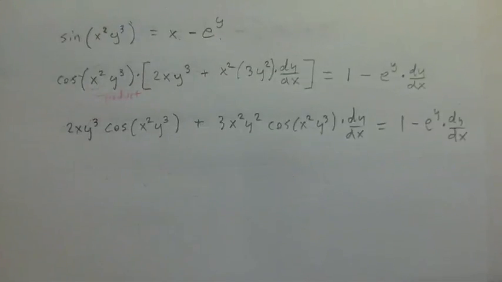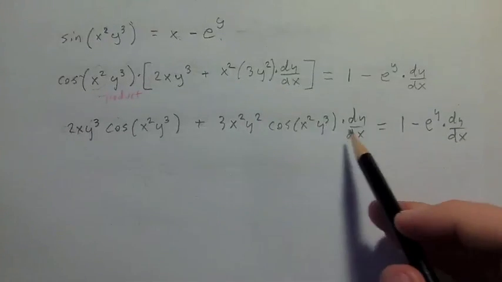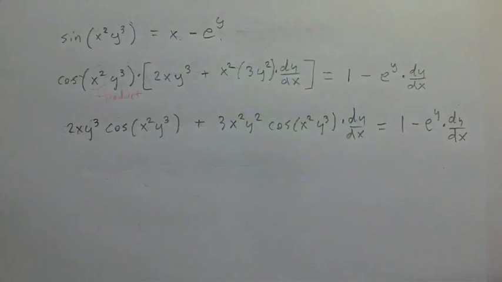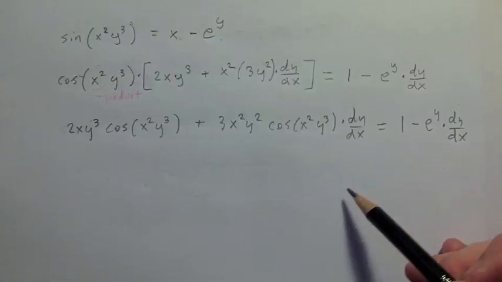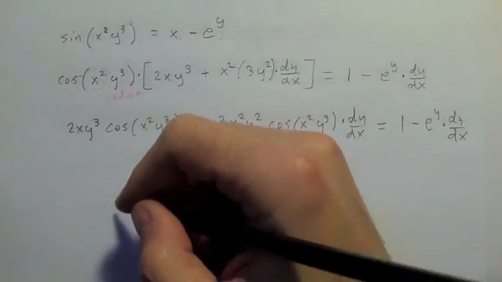Now I can start moving. So I'm going to move my dy dx's over to one side, everything else to the other. It doesn't matter which way you do it, but I'm going to move this over here just so I don't deal with the negative sign, even though I will be dealing with one here.